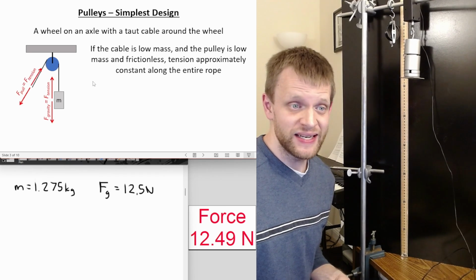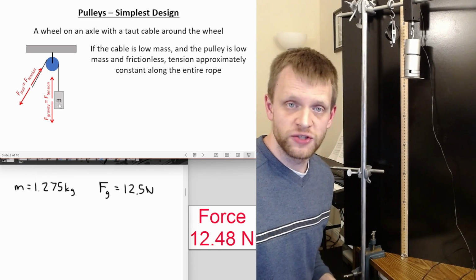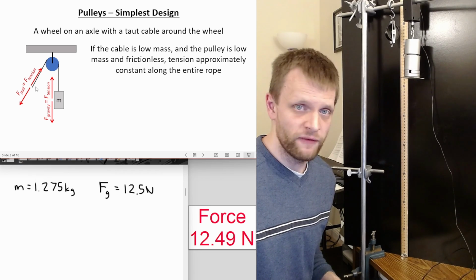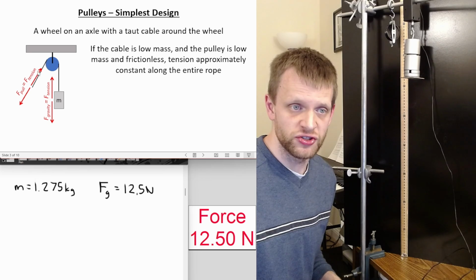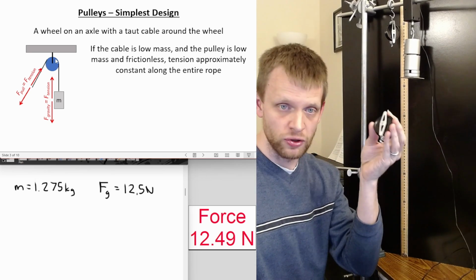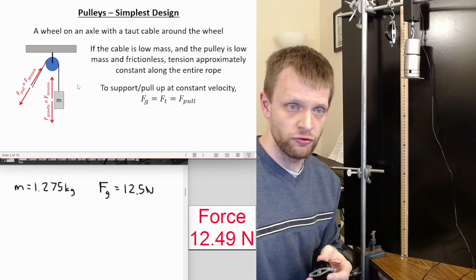So the idea is, if I start pulling on this rope, I'm going to be able to support this mass. In this particular case, however hard I pull on the string, that will match the tension force in the string. And again, assuming that this is a low mass, low friction pulley, that tension is going to be approximately constant along the entire rope.